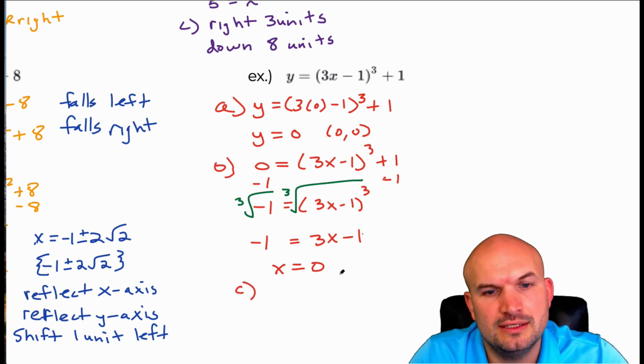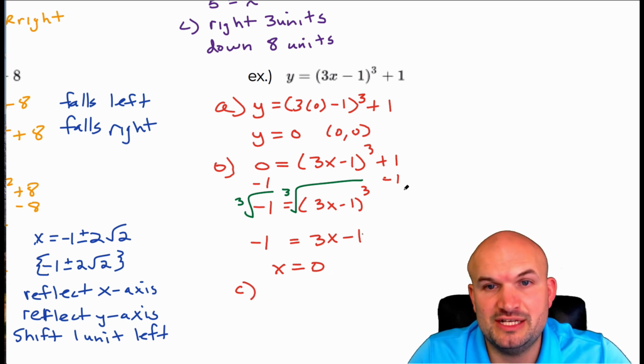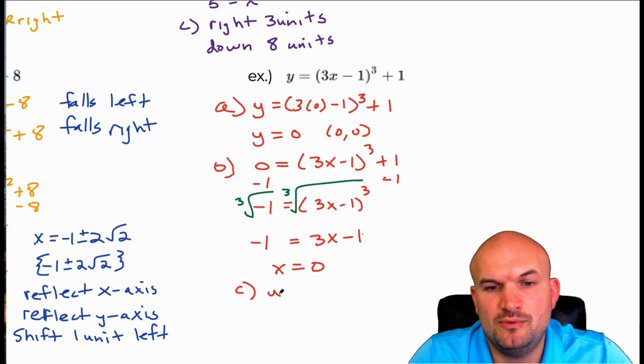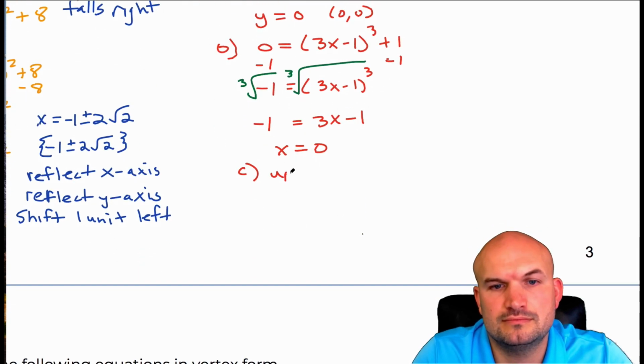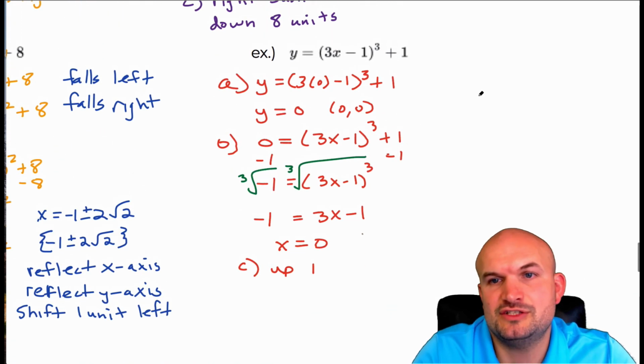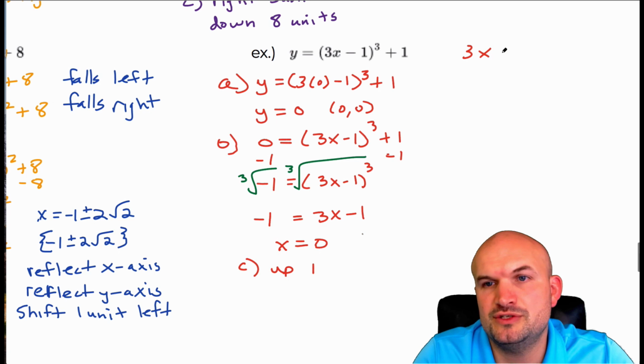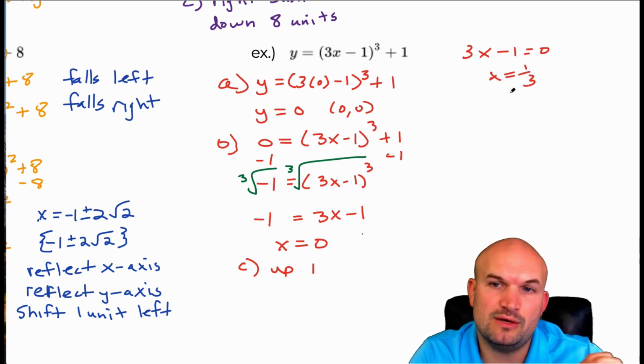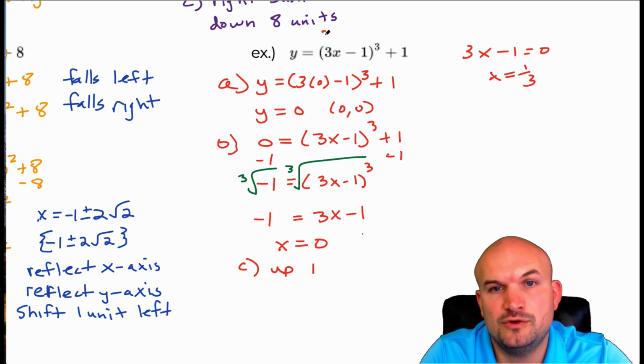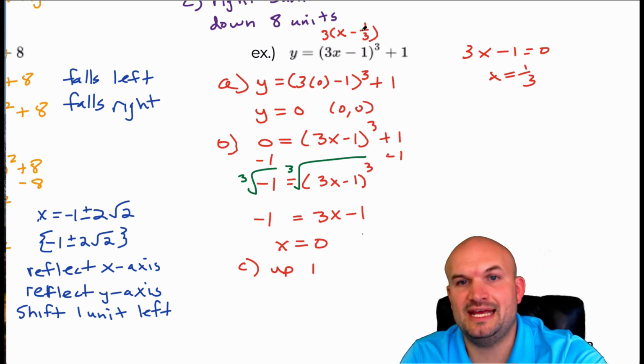For C, which is going to be the transformations, we're going to be shifting up 1. The best way to identify this transformation is to set 3x minus 1 equal to 0. Add 1 over, so x is equal to 1/3. So I'm going to be shifting 1/3 to the right. Or, which I like to do, you can factor out the 3, and therefore you can see it's x minus h, where h is 1/3.